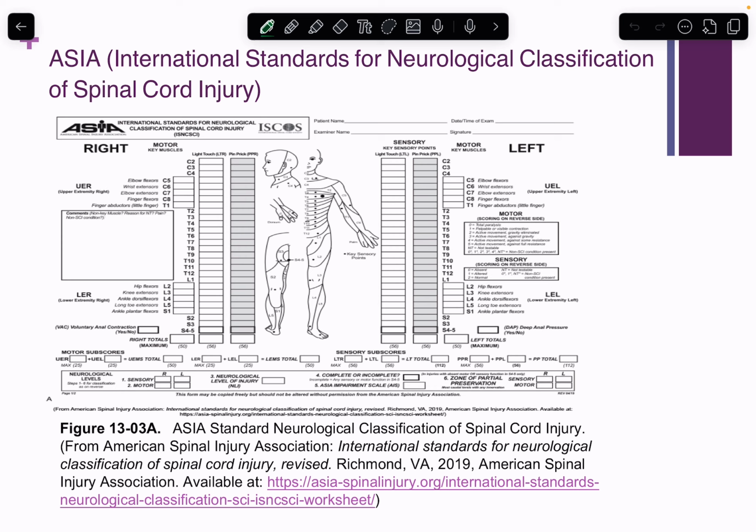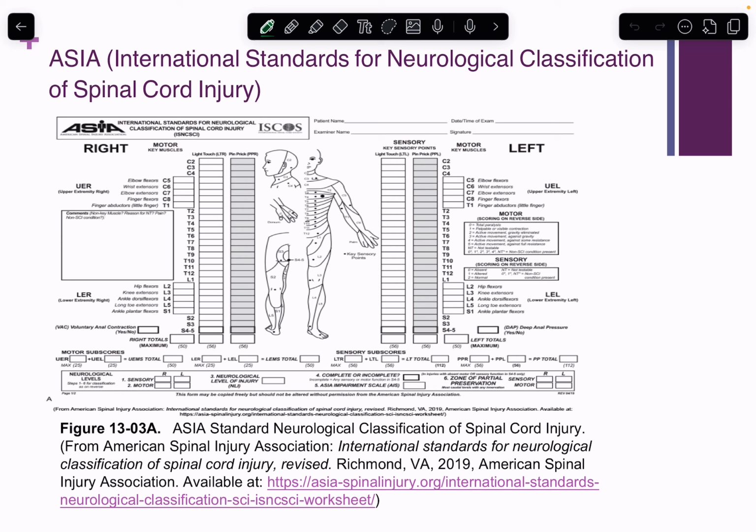ASIA B is sensory incomplete, meaning there is sensory function but not motor function. Sensory function is preserved below the neurological level of injury, including the sacral segments S4 and S5.